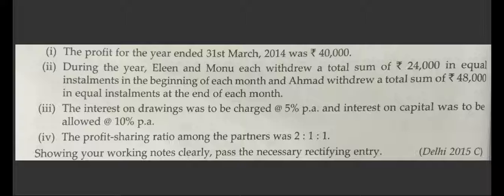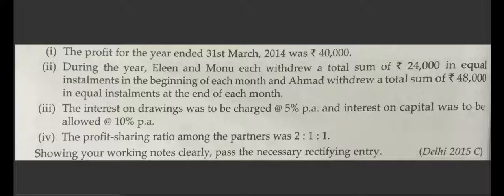So they have committed a mistake and we have to rectify that mistake through a single journal entry. What they have omitted is interest on capital and interest on drawings.